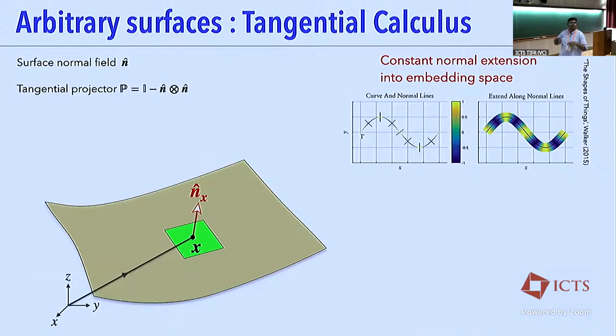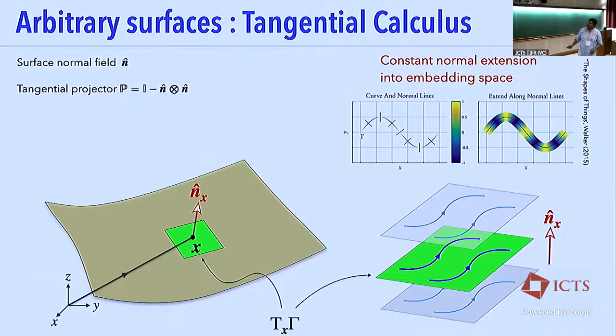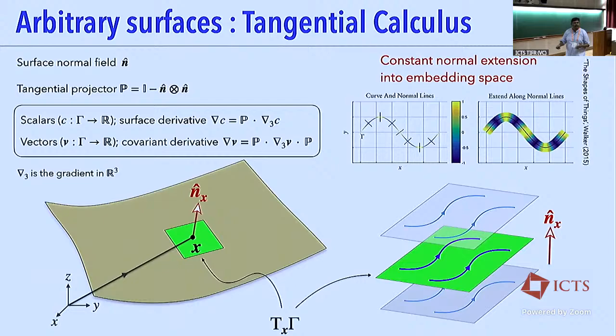So now I can do two-dimensional Cartesian derivatives, and then I'm going to hit with tangential projectors. For a vector field, the way you would do the extension is to extend the field in a constant normal fashion above and below the surface, giving a genuine 3D field, construct your derivatives, and hit with projectors. So if you have a concentration field, which is a scalar field, from points on the surface to real numbers, the surface derivative you can show is the 3D Cartesian derivative hit with the projector once.